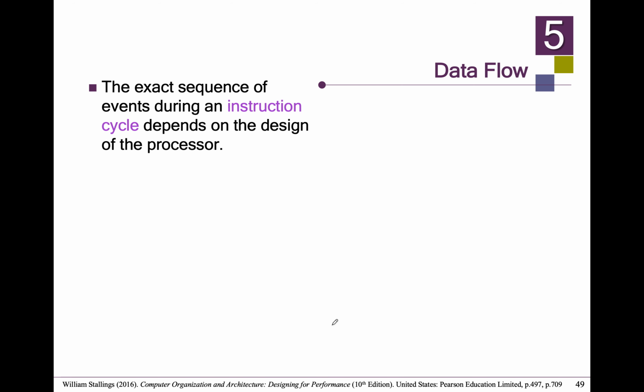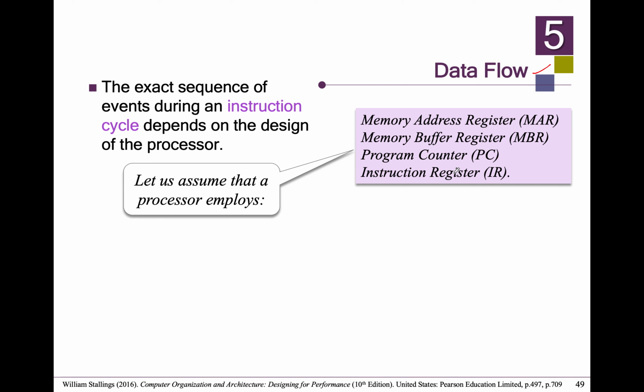Over here we're going to look into the data flow. The exact sequence of events during an instruction cycle depends on the design of the processor. You have several new terms, which you will see later on.